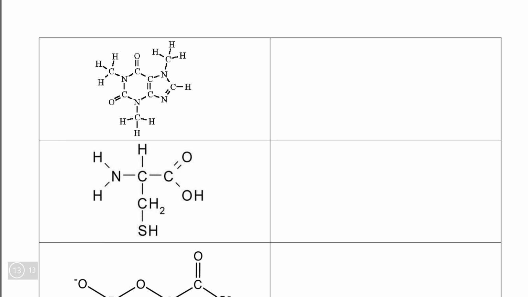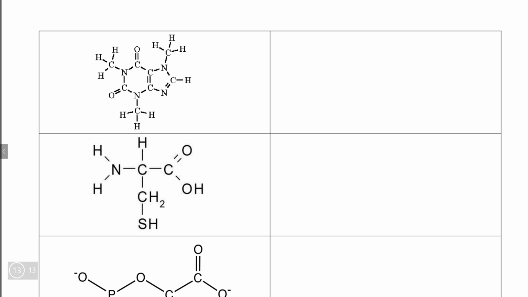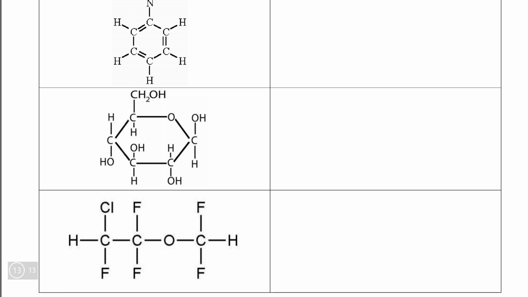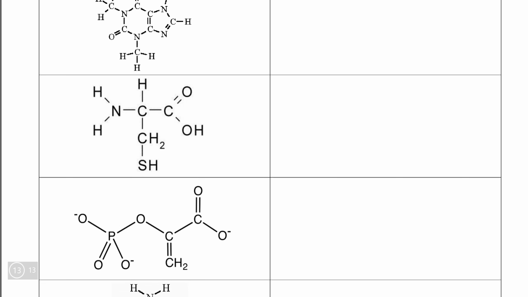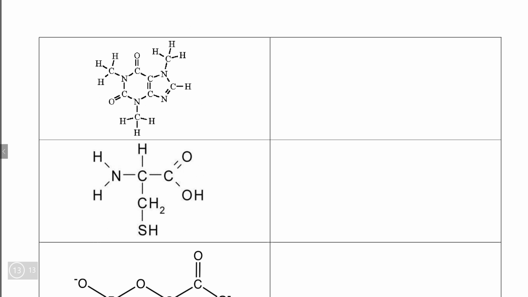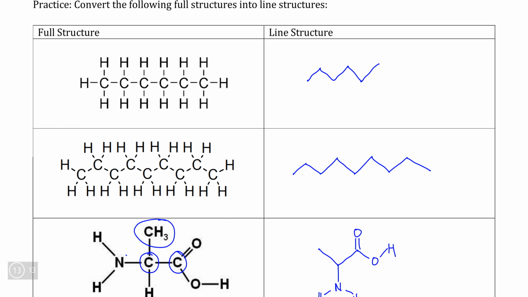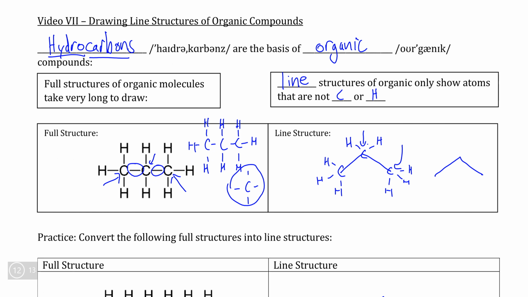To confirm your understanding of how to draw line structures, you can try taking the 5, 6 compounds that are on the next page and converting them from their full Lewis structures that we see here into their line structure form next to it. And once you've completed this, as long as you have the understanding, you should be ready to begin the actual biochemistry unit with your foundations in chemistry reviewed.